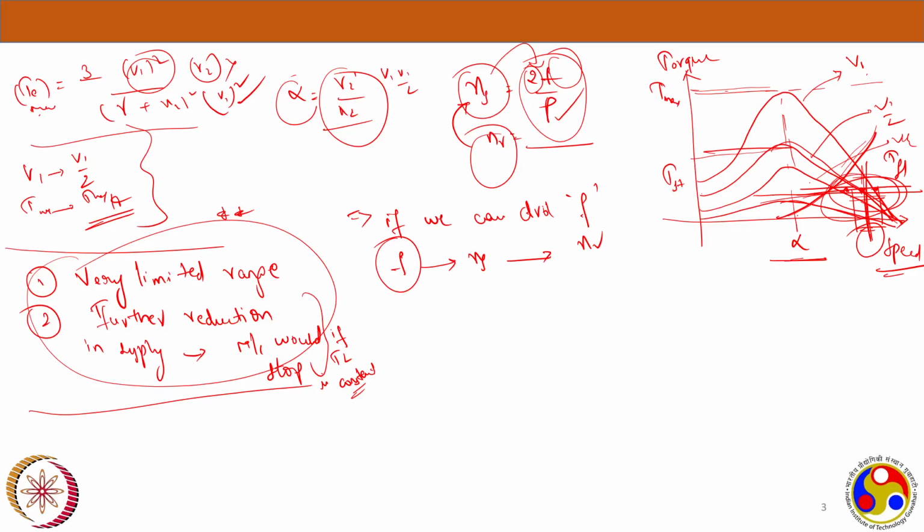It's simple. See, we have a three-phase AC supply at 50 hertz, a fixed voltage. V and F are constant. Now what I'm expecting, let me just draw on a new slide.